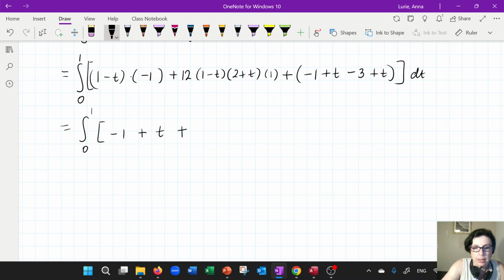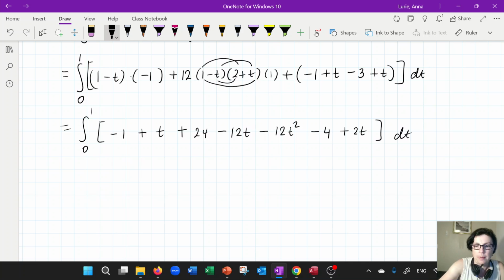All right, so here let's FOIL this. So this will become 2, so that's 24. Now this becomes plus t minus 2t, so that's minus t. So this will be minus 12t. And then finally, t squared, negative t squared. Okay. Then over here, let's simplify that. That's minus 4 plus 2t.